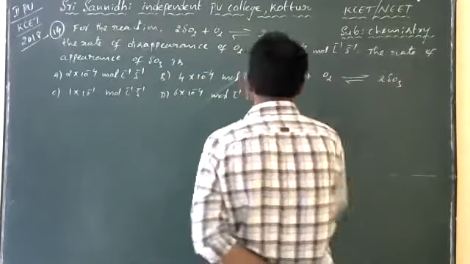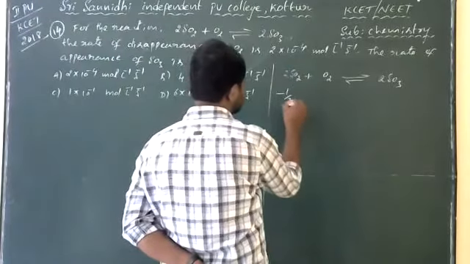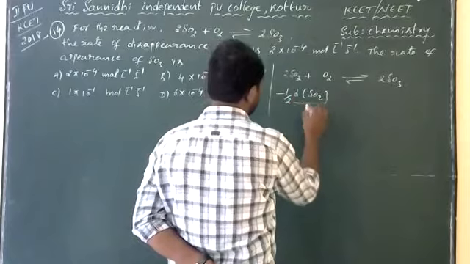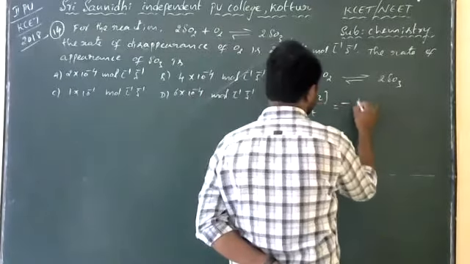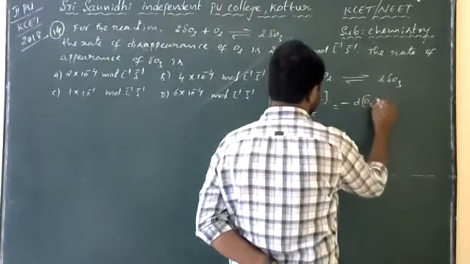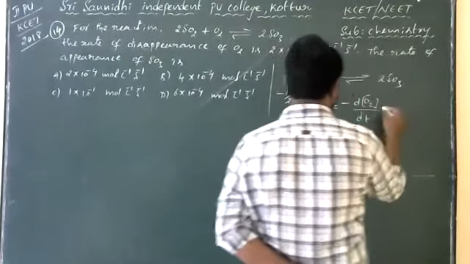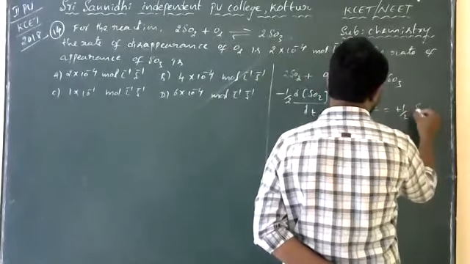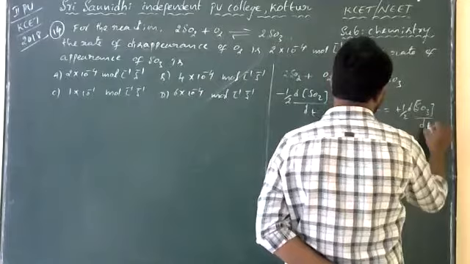Here the relation for the rate is equal to minus 1 by 2 d[SO2]/dt, which is also equal to minus d[O2]/dt, which is equal to plus 1 by 2 the rate of appearance of SO3, which is d[SO3]/dt.